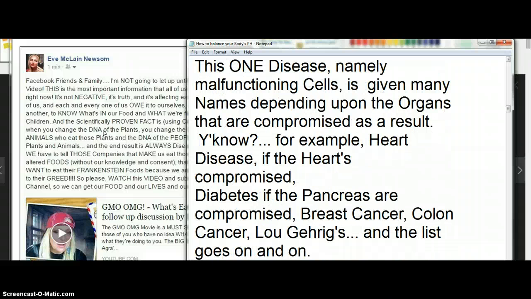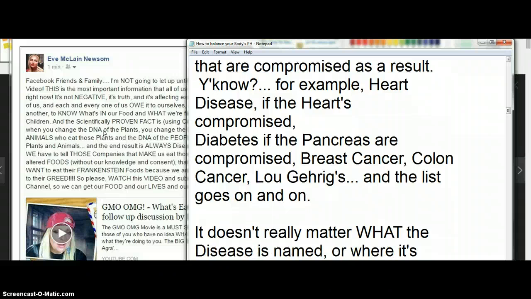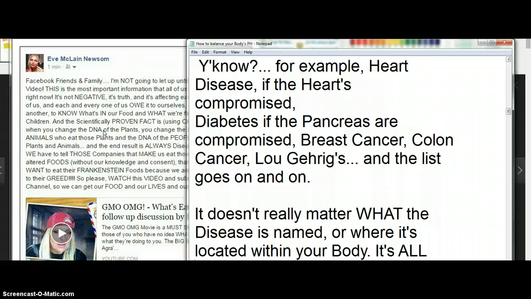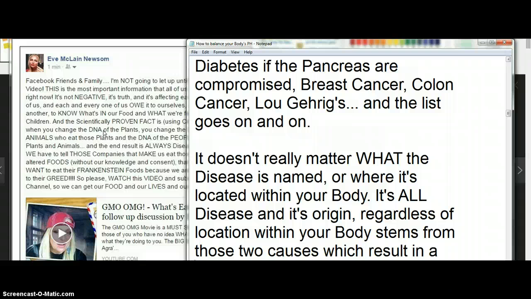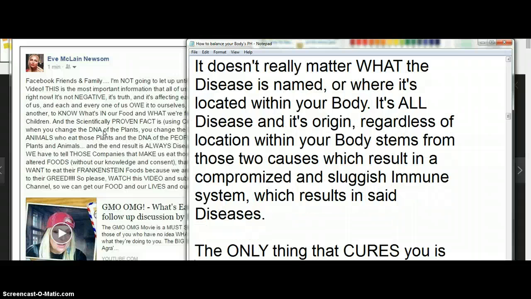This one disease, namely malfunctioning cells, is given many names depending upon the organs that are compromised as a result. For example, heart disease if the heart's compromised, diabetes if the pancreas is compromised, breast cancer, colon cancer, Lou Gehrig's, and the list goes on and on. It doesn't really matter what the disease is named or where it's located within your body.